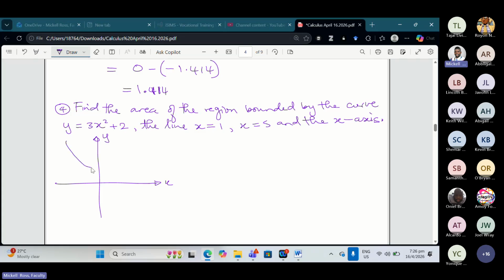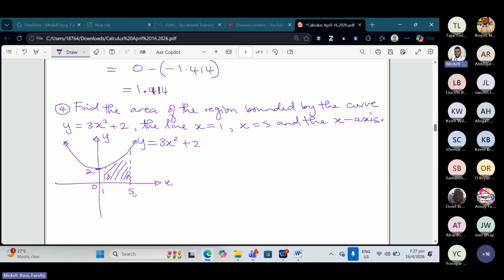So here you have the graph y is equal to 3x squared plus 2. And between this region right here and this region right here and the x-axis, you have this portion of the graph that you are finding the area for. Say for instance, right here is where 2 is.